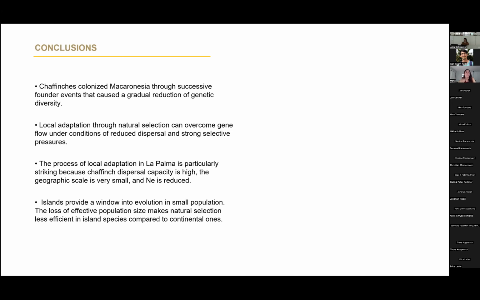And islands are really a cool system to study the speciation process because they provide this window into the evolution of small populations. And the loss of effective population size makes natural selection less efficient in island species compared to continental ones because they have really low genetic diversity that selection can act on.